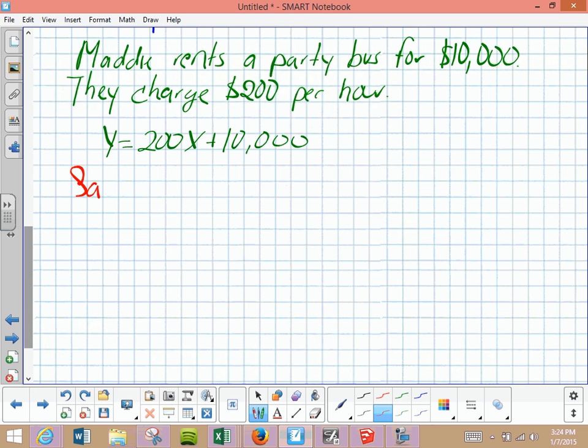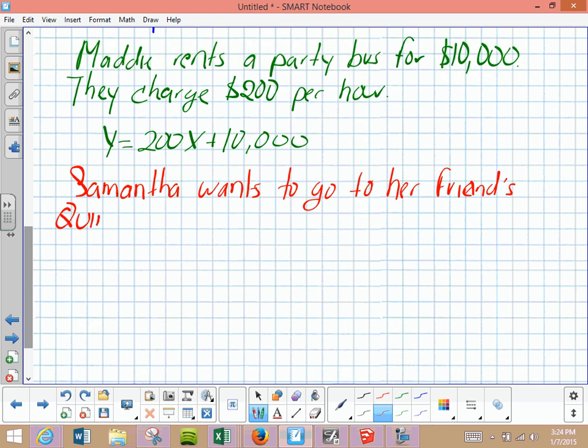Samantha wants to go to her friend's 15. Okay. It costs $5 to get into the ballroom.